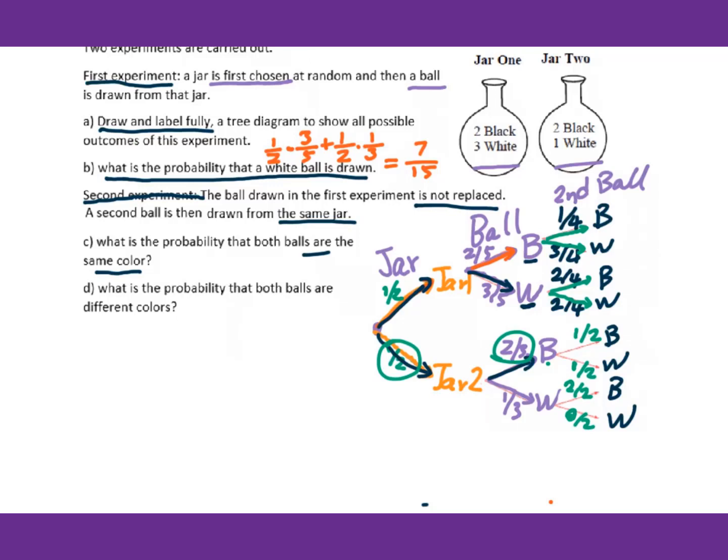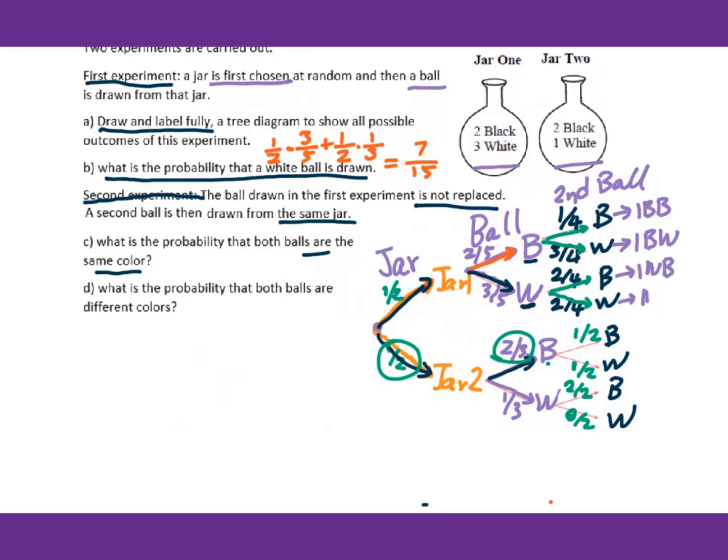Now, you can get from here draw 1 black, black. Draw 1 black, white. Draw 1 white, black.